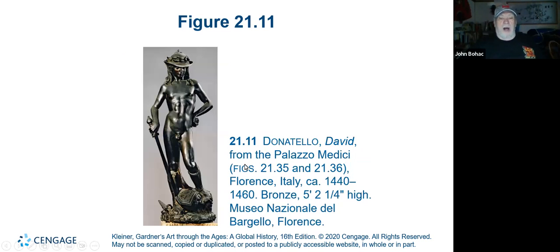Donatello, this is probably his most famous work. And you can see it's pretty much later in life, it's a bronze. And there's a lot to be said for this. And part of the reason why this is so much considered a breakthrough piece, well, you tell me, why do you think this is different from everything we've seen in sculpture so far?